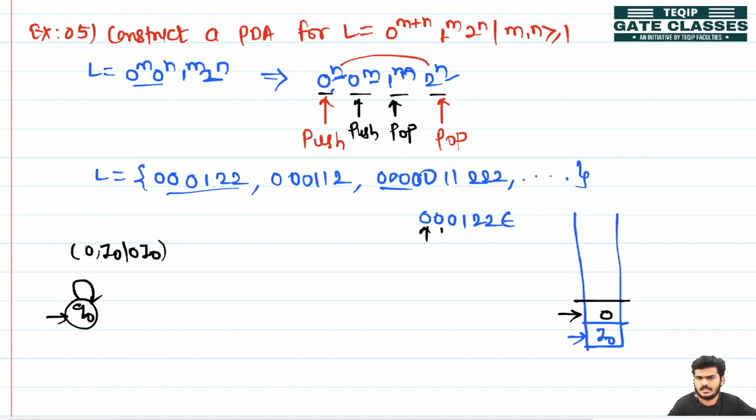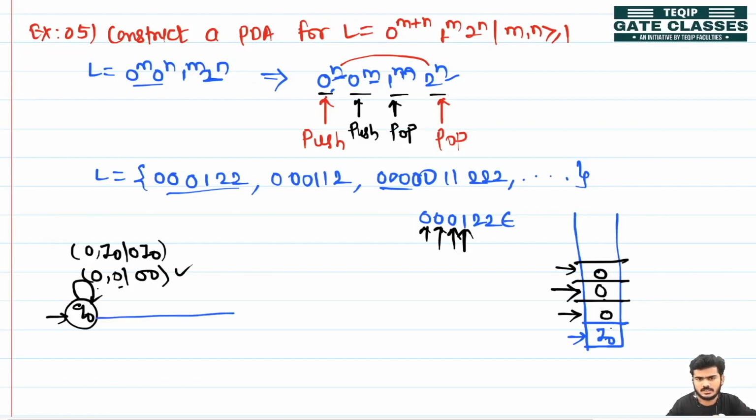Next, again if 0 occurs and the top of the stack is 0, then again I will push 0 into the stack. So I have pushed the 0 and moved the top pointer to the next. Again the next input is 0 and the top of the stack is 0, again I will push using this operation only. So I have pushed this.